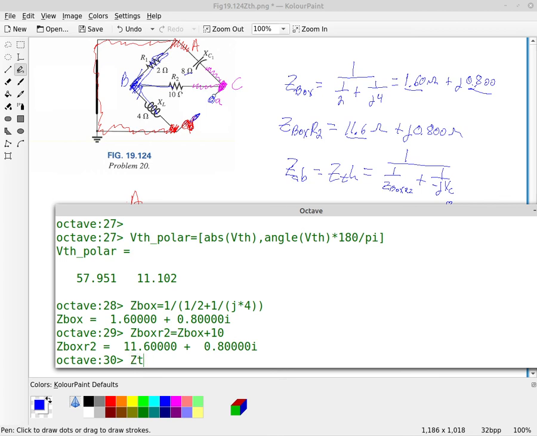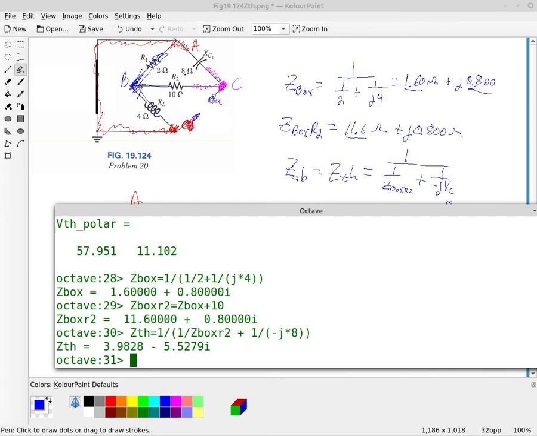So Z Thevenin, which is also ZAB, is going to be 1 over parentheses 1 over Z box R2, and I can just type in that variable when I'm in this Octave software, plus 1 over minus j times 8, that's that XC piece, and there is my value.